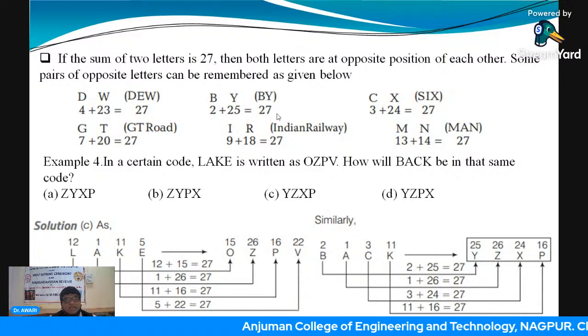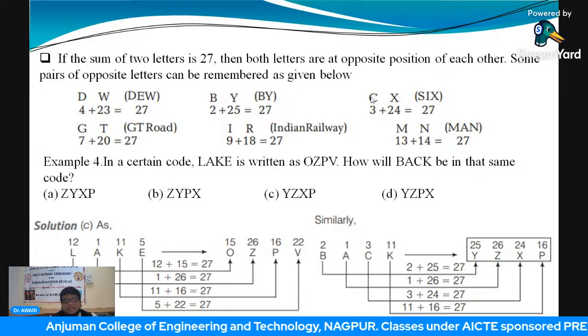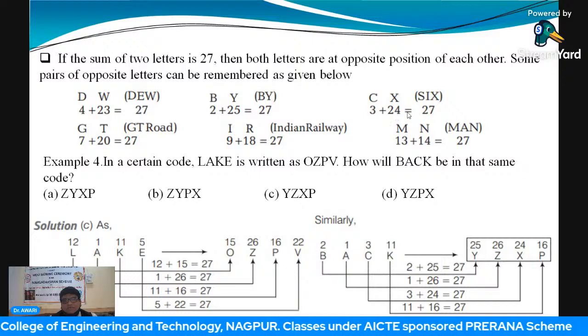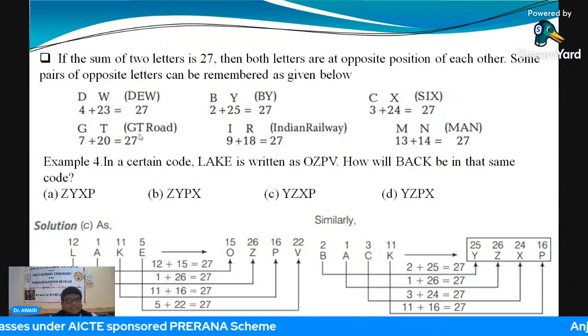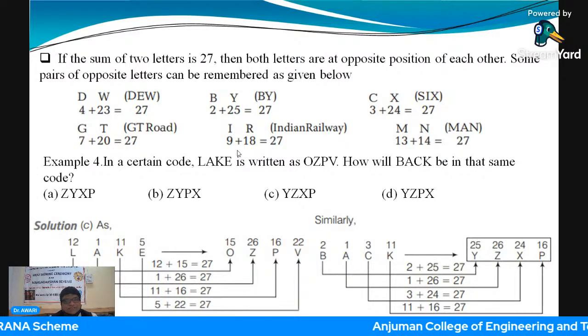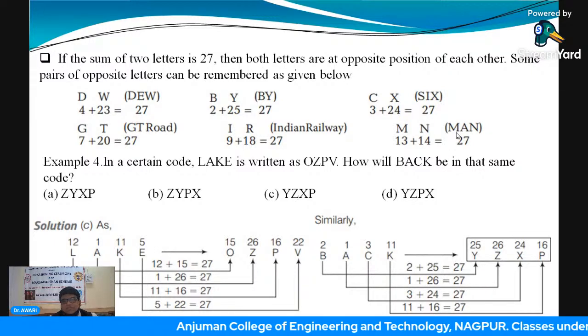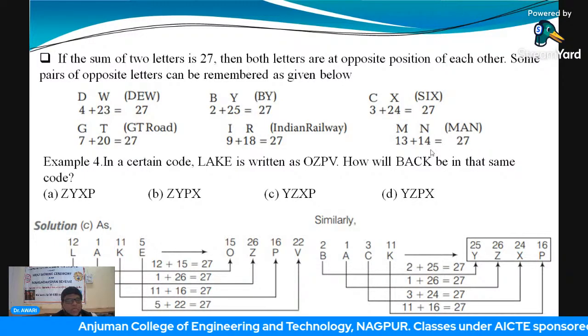Then B 2 plus Y 25 is 27, C 3 plus X 24 is 27, G 7 plus T 20, GT road, that is 27, I 9 plus R 18, Indian Railways, is 27, and M 13 plus N 14 is equal to 27, that is man.